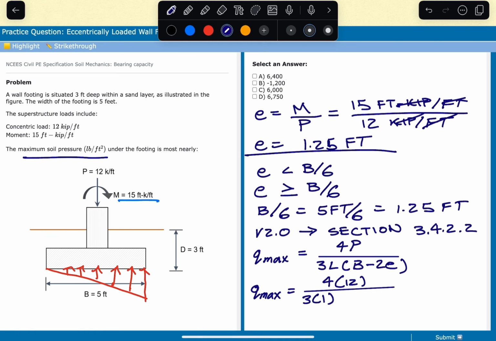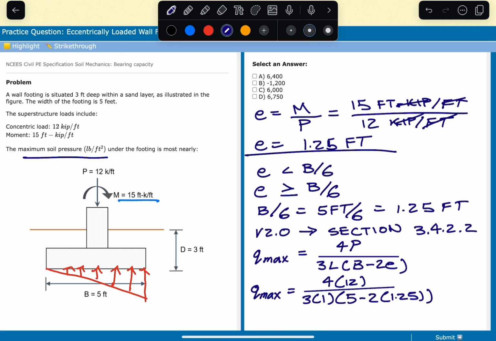Our length is 1 because we're considering each foot of the footing coming in and out of the page. This is going to be typical when looking at wall footings. Our width is 5, and we've got 2 times 1.25.